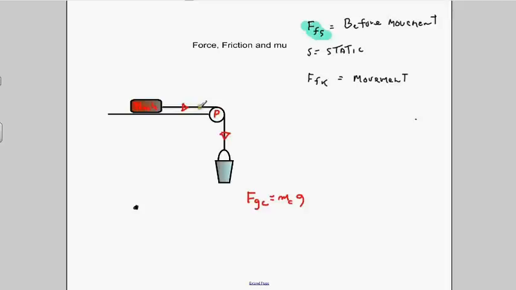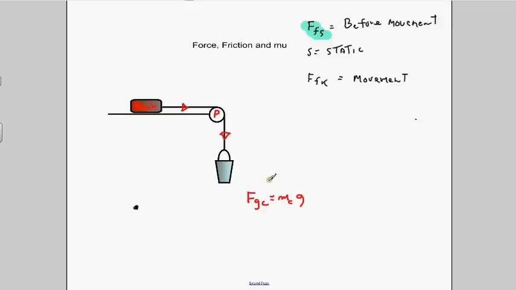Right now there's no weight, so there's no action whatsoever. There's no pulling. There's no weight in the cup, therefore there's no pulling, and everything is staying still. I am neglecting showing the normal force and the weight of the block. All I'm interested in right now is the horizontal motion, the horizontal forces.